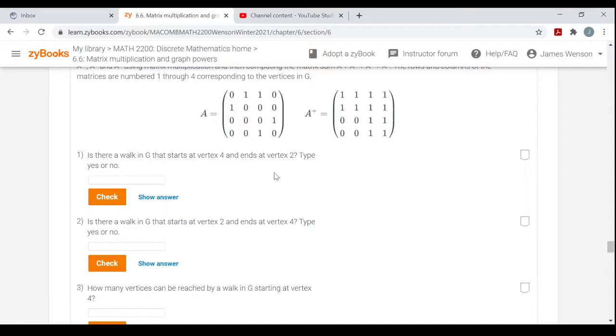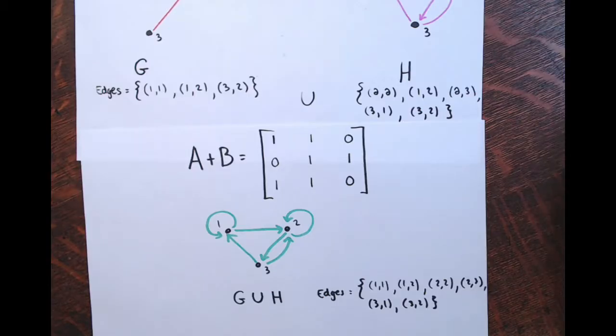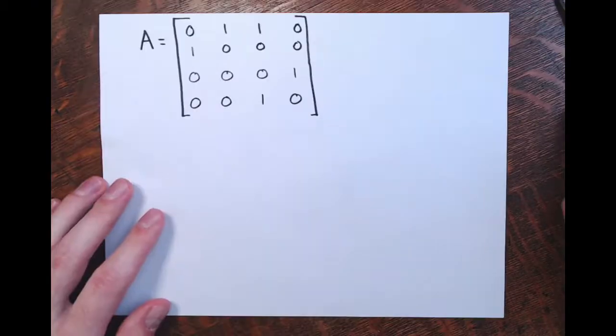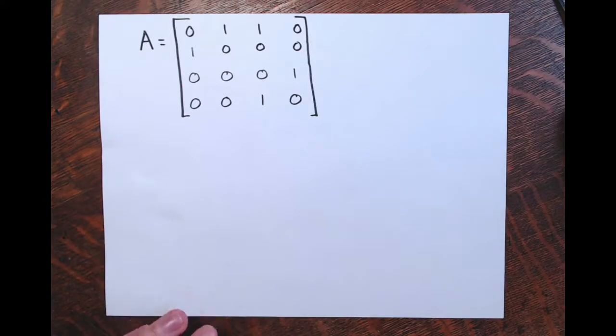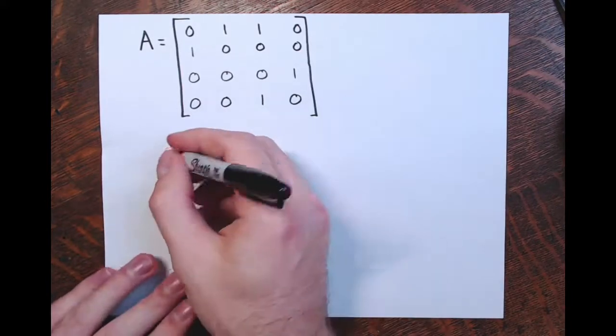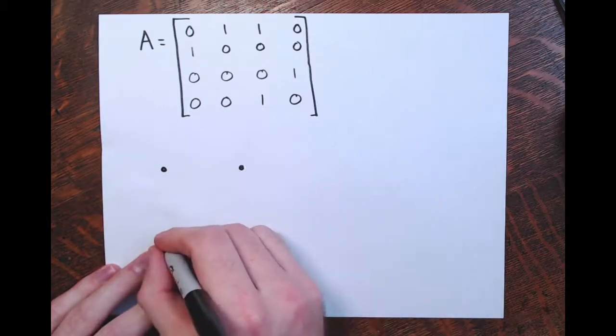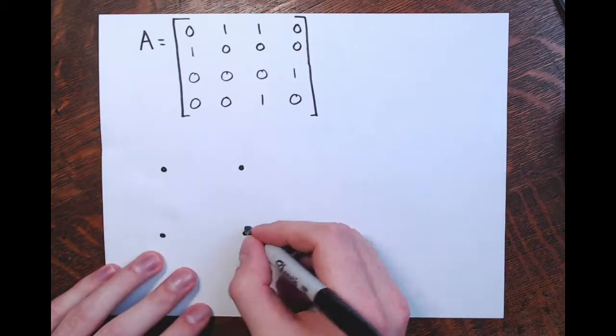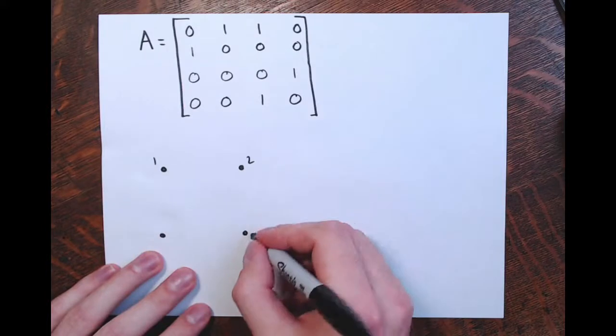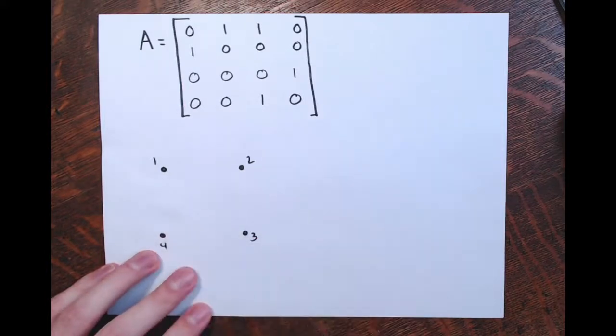Let me actually show you. Let me go back and graph G on a piece of paper. Hold on just a second. Okay, so there was the adjacency matrix A that they gave us. You have 4 vertices. It's a 4 by 4 matrix, and let's call them 1, 2, 3, and 4, just going around here.